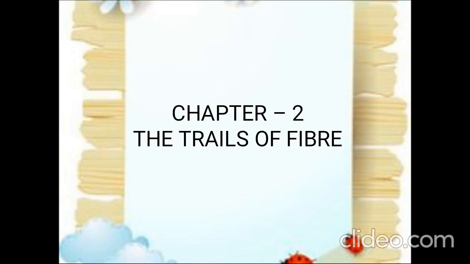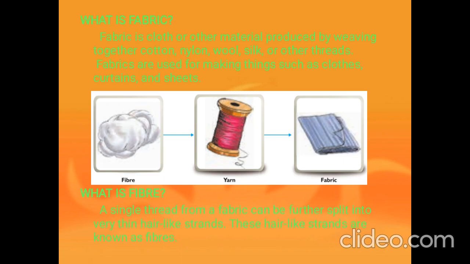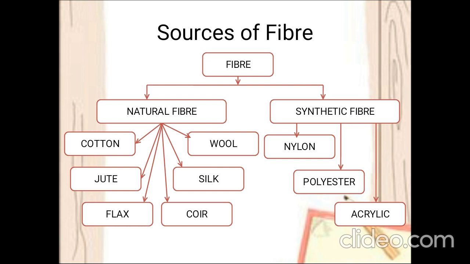Thank you. So, children, in the last sessions we saw about fibers, right? What is fabric? What is fiber? These were all discussed in previous sessions. Types of fibers, sources of fibers: natural fiber is obtained from nature, that is plants or animals, and synthetic fiber is obtained by chemical process.